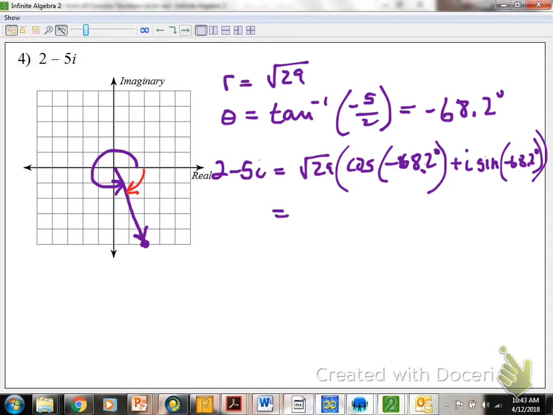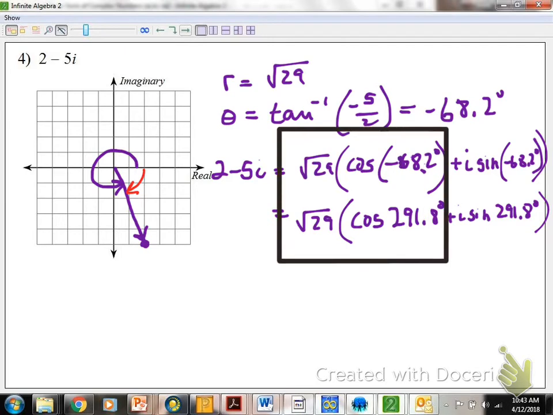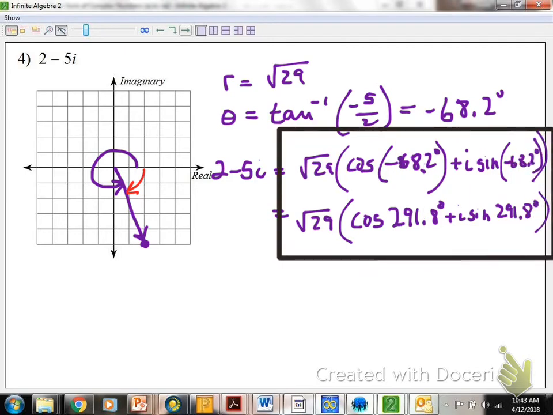You subtract 68.2 from 360, what do you get? It's 291.8 degrees plus i times the sine of 291.8 degrees. So I'll take either one of those. It's a nice quadrant 4 angle. We can get there in a negative direction.